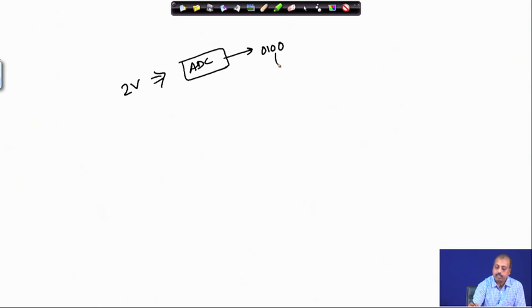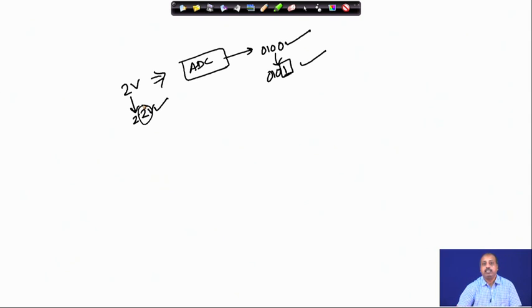Then the next closest output that it can produce is 0 1 0 1, the single LSB change. Now, for what change in this voltage can it produce this single LSB change? If the next voltage is 2.2 volts, such that for 2 volt the output is this one, for 2.2 volt the output is this one, then I can say that it has got a resolution of 0.2 volt. So, it can sense the change of 0.2 volt and convert it into the next digital value.